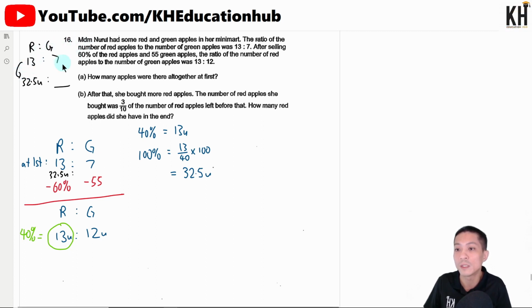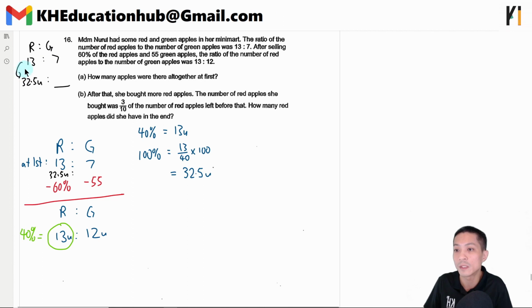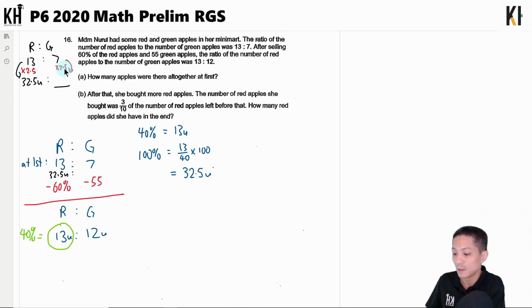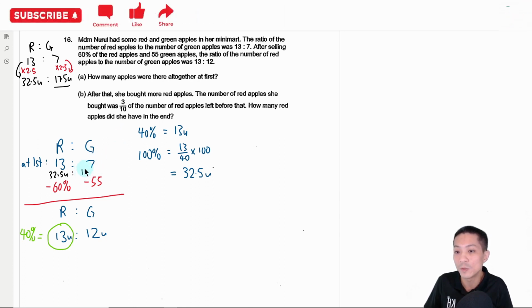So I'm gonna put it in red so you can see it clearly, times 2.5, right? Which means that from here to here I also times 2.5. It's gonna be 17.5 units. So I'm gonna change this to 17.5 units.